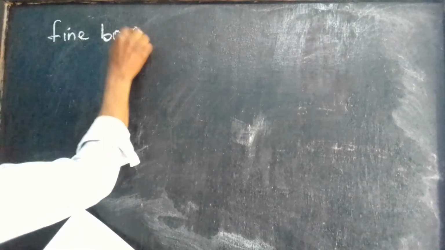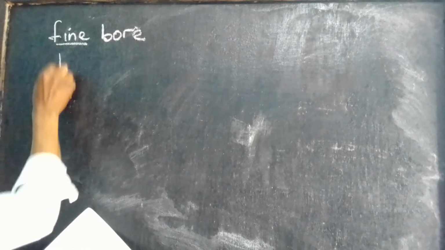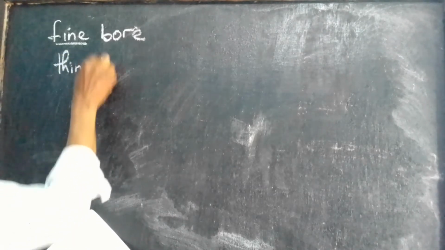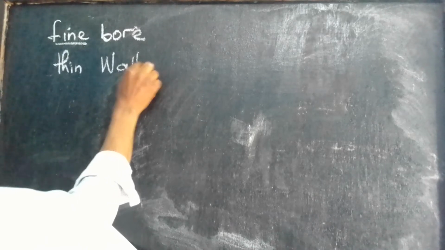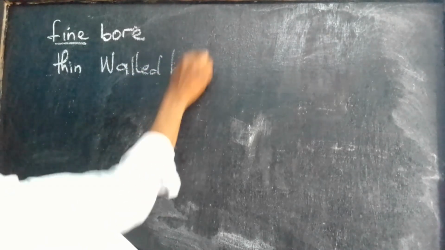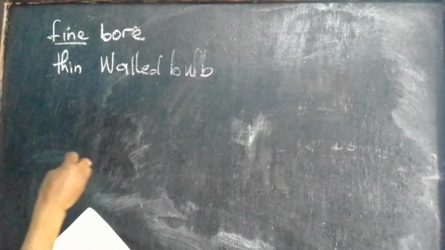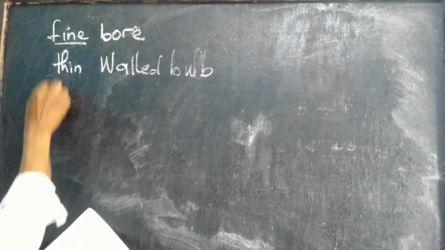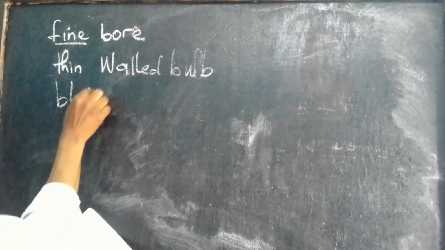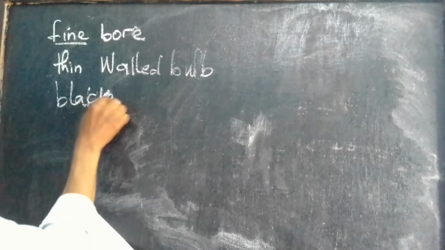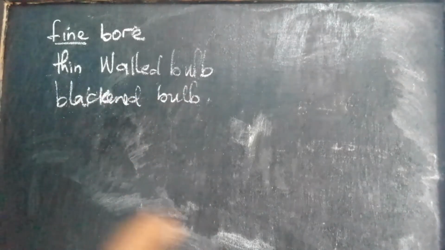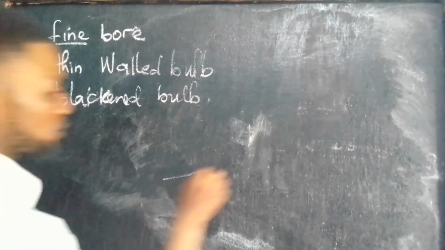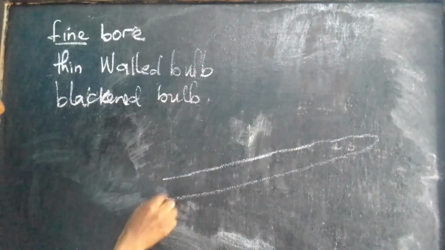Fine means small. It has a thin-walled bulb. It has a blackened bulb.